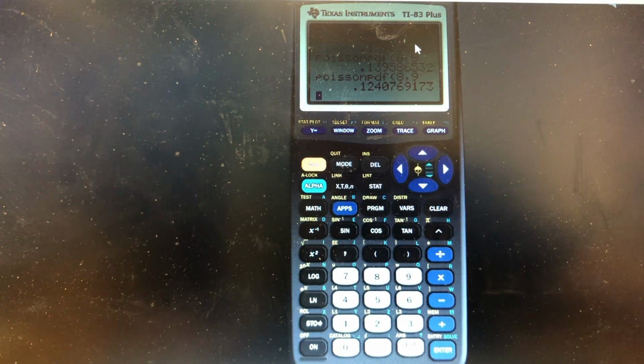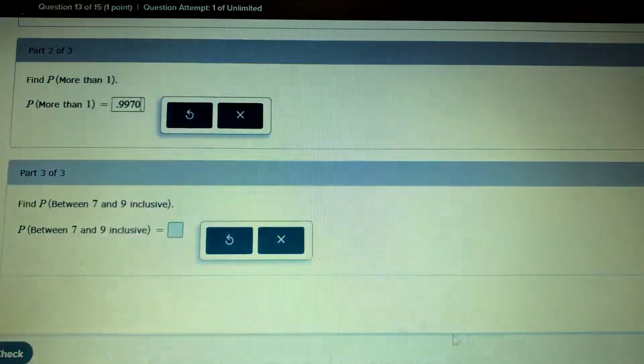So I did it for 7, I did it for 8, I did it for 9. You just have to add all these answers together. 0.1396, plus another, those happen to be the same somehow. 0.1396, both 7 and 8 had the same exact answer. And then 9 was 0.1241. 0.4033.